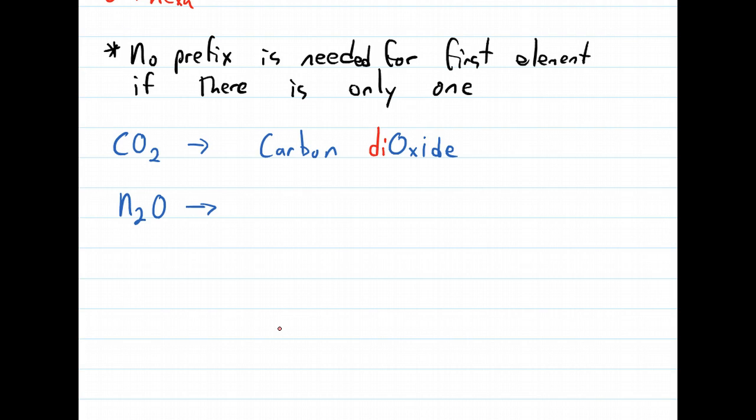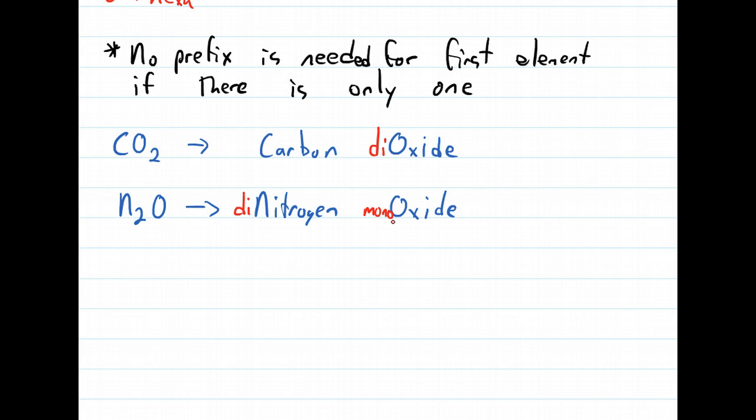All right. So what is N2O? Write out our elements. Nitrogen, and again, it becomes oxide. What are we going to use for a prefix in front of nitrogen? Di. And then do we need a prefix for oxygen? Mono.